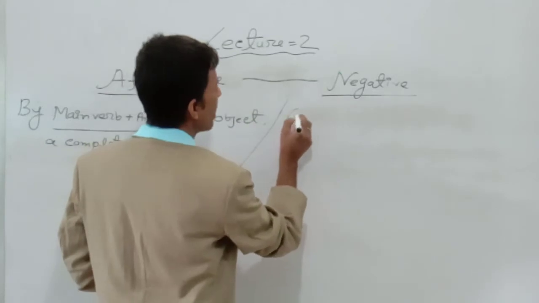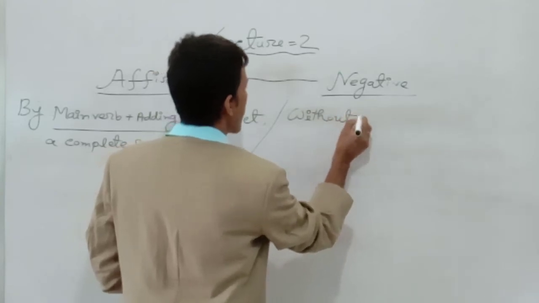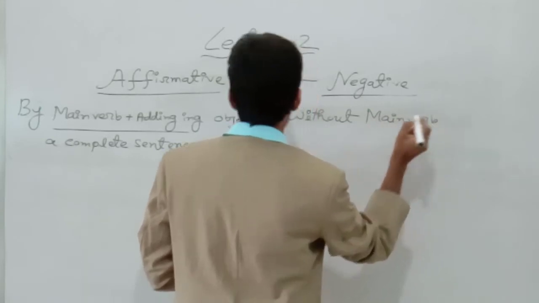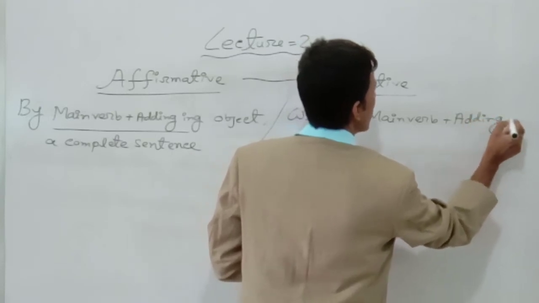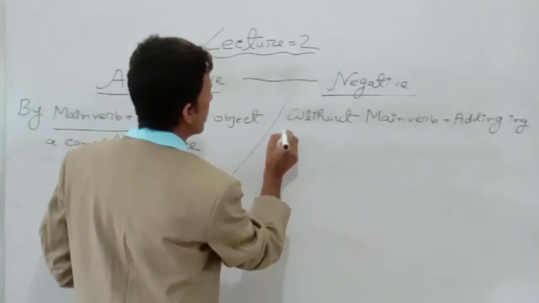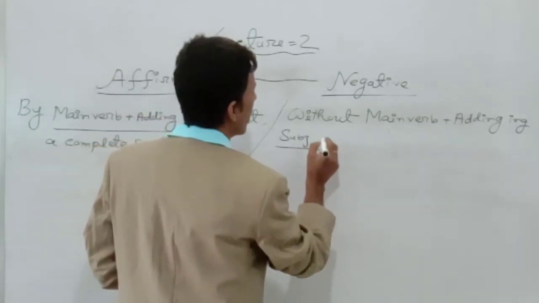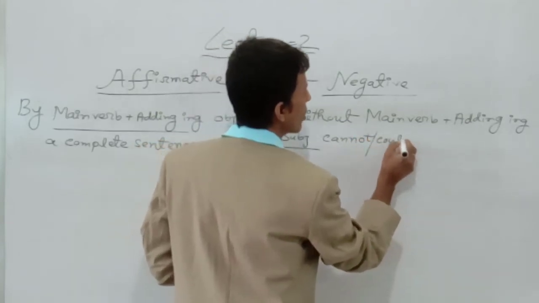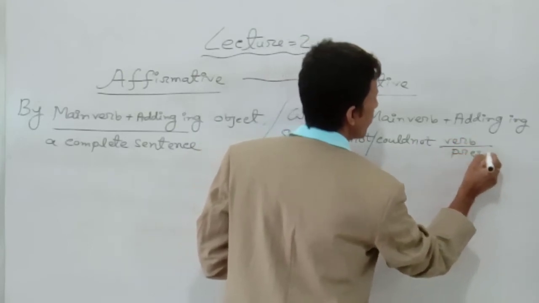Then you will have to write in the cases of negative sentences: without, main verb, thus adding ing, then subject, cannot or could not, and at last verb in the present form.